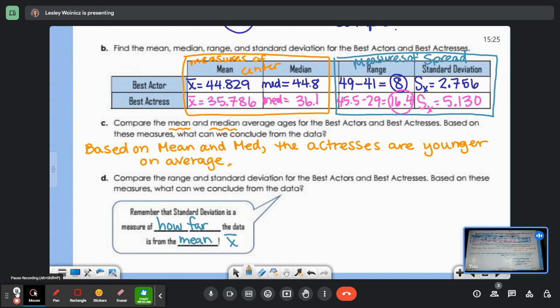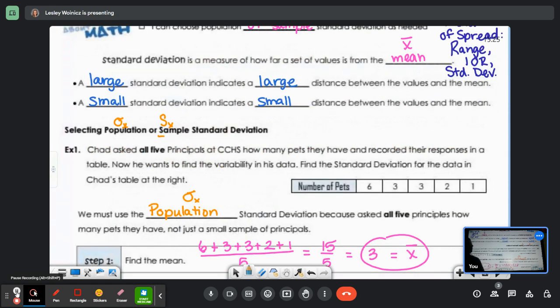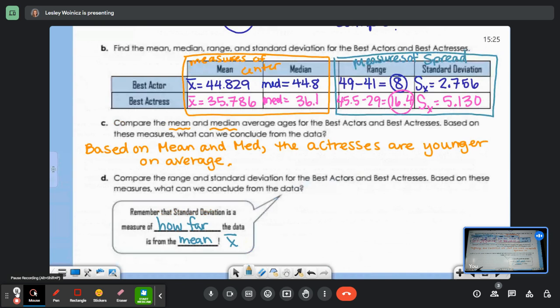They're not older. We already know that. What does a large standard deviation mean? Large distance from the mean. So what do we know about the ages for the actresses? They are farther from the mean.